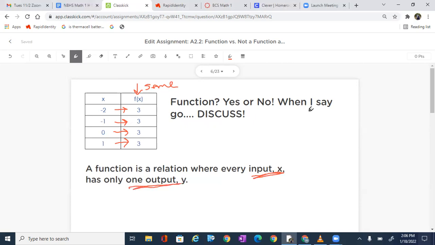And guess what? Each one of these x values only has one y. Even though that y keeps repeating itself, -2 has an answer, -1 has an answer, 0 has an answer, 1 has an answer. And because each one of these x's only has one y value, this is in fact a function.